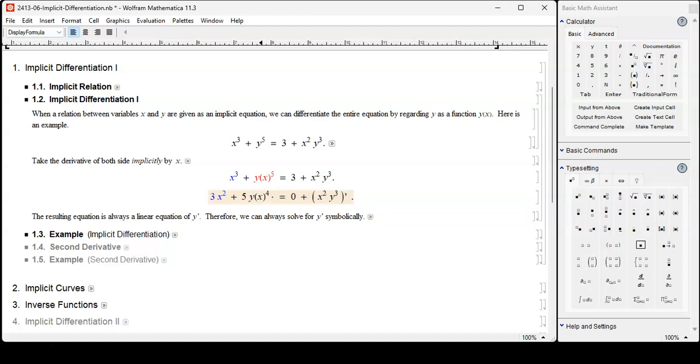And times derivative of the inside. Let's use the other color here. Let's use green here. And I want to emphasize this one with red. Red is a little bit more conspicuous, so I'm using red for something that should be the most conspicuous. And y prime is the important term here in this implicit differentiation technique.